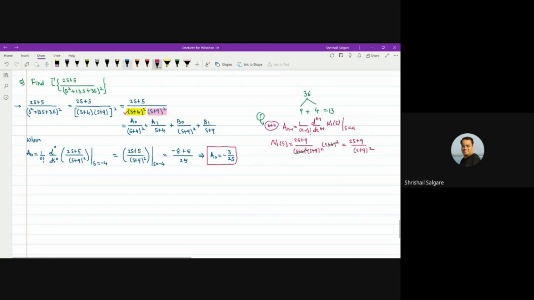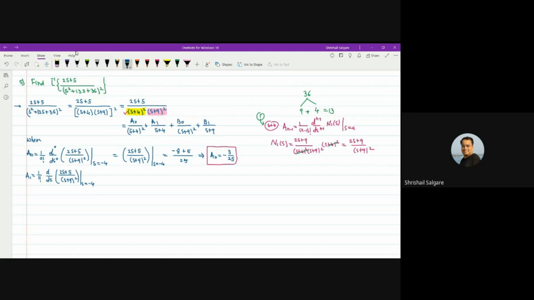Second one, a1, is given by 1 upon 1 factorial, d by ds of (2s plus 5) divided by (s plus 9) bracket square, and the value of this function at s equal to -4. Now you have to find the derivative.